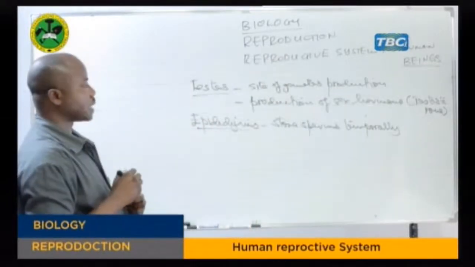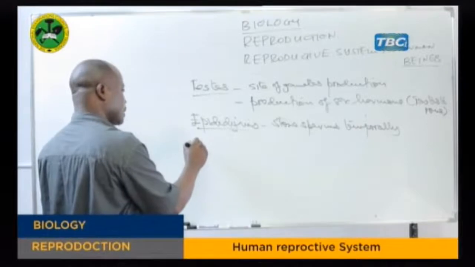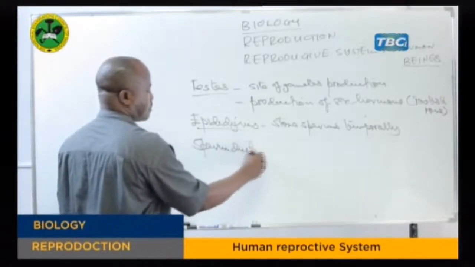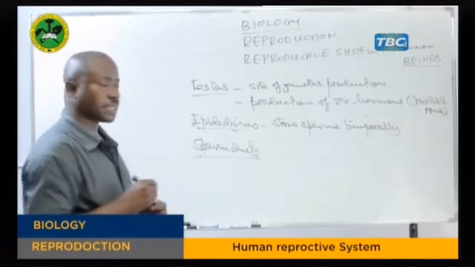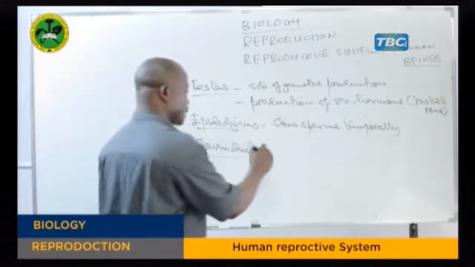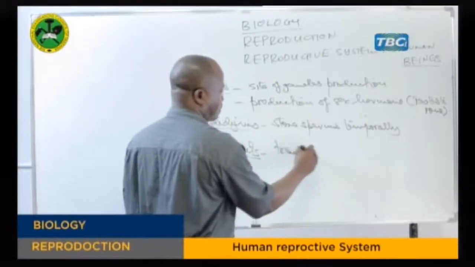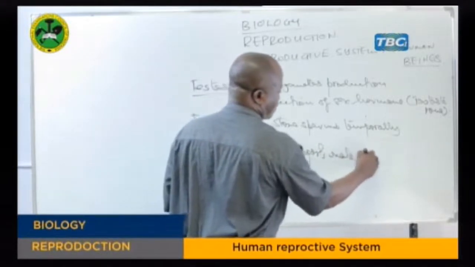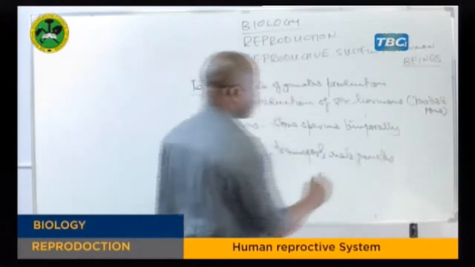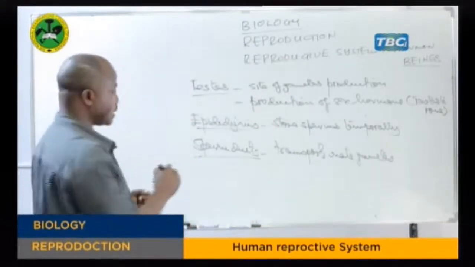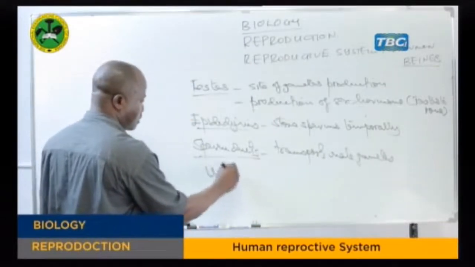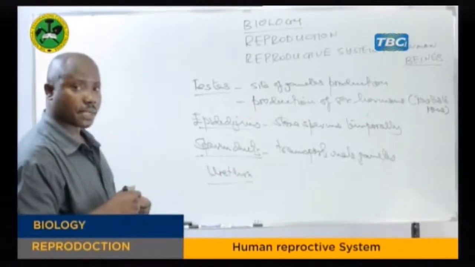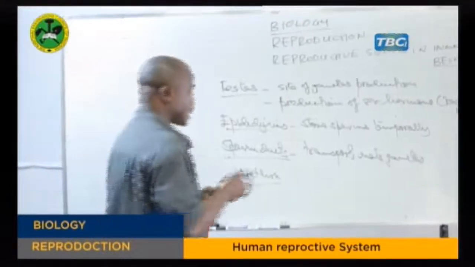Another inner part of the male reproductive system is the sperm duct, whose function is transportation of the male gametes. Another inner part is the urethra. The urethra transports male gametes to the female reproductive tracts.